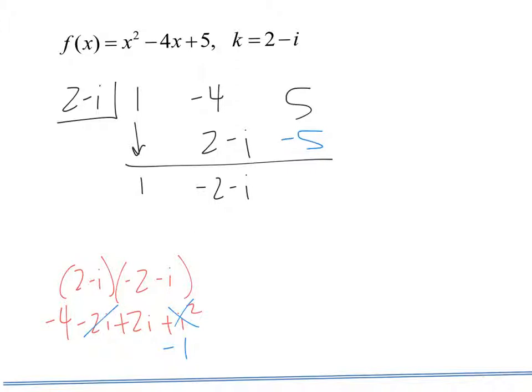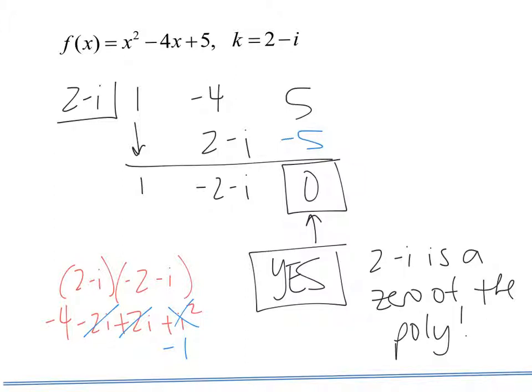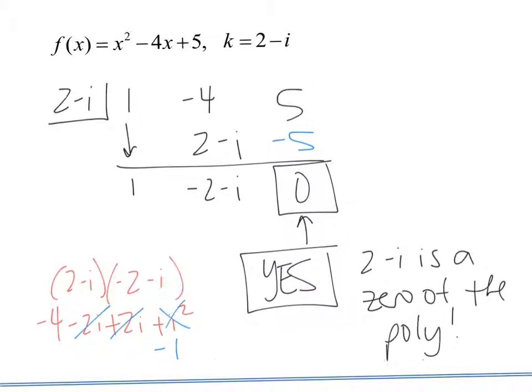And the minus 2i and the plus 2i cancel. So wow. Okay, this is weird. Yes. 2 minus i is a 0 of the poly. Okay, same thing, just imaginary zeros. That's why we practiced those at the beginning.